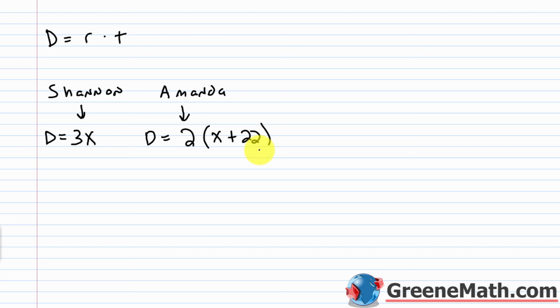So this is how we get our equation in this type of problem. We know that Shannon's distance, remember I put d with a little s for Shannon's distance, is equal to Amanda's distance, d with a little a. So I can take 3x, which relates to Shannon's distance, and I can set that equal to 2 times the quantity x plus 22.